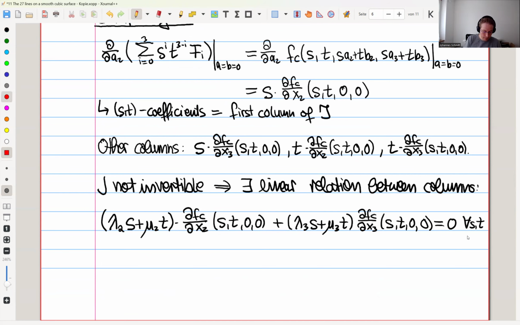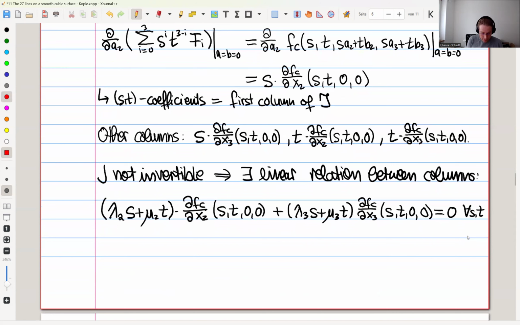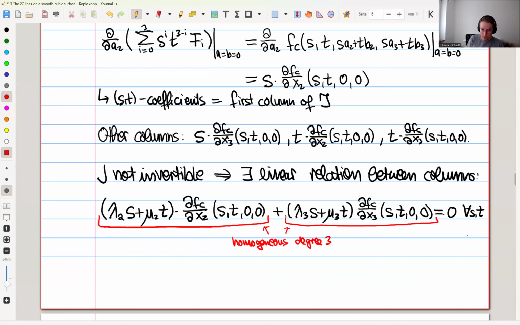And now, to reach a contradiction, let's observe something, namely that both this term here and this term, these are both, I claim, homogeneous degree 3 polynomials in S and T. Because FC started out as a homogeneous degree 3 polynomial.